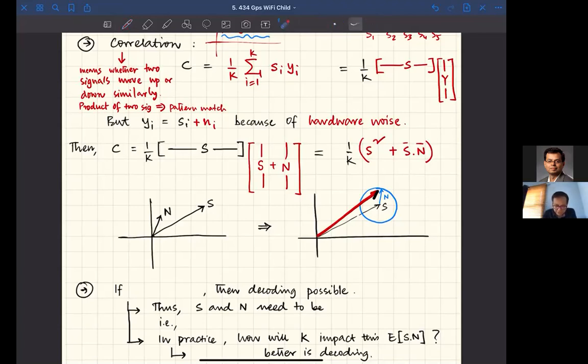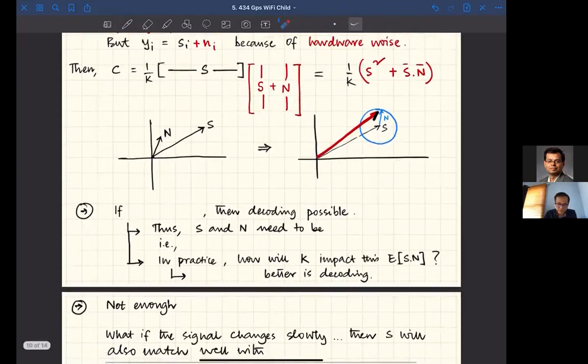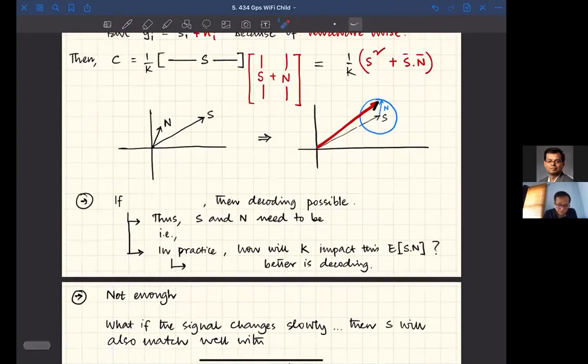You're multiplying this S with this S first, plus this S with this N. Okay. So one way to think about this is, your signal that the GPS satellite is sending is S, there is some other noise vector, and what you're essentially getting is the signal plus noise, and that signal is what you're receiving, and you're correlating that signal with the signal template that you're looking for.